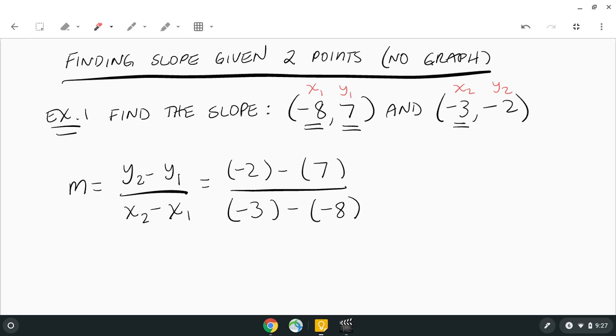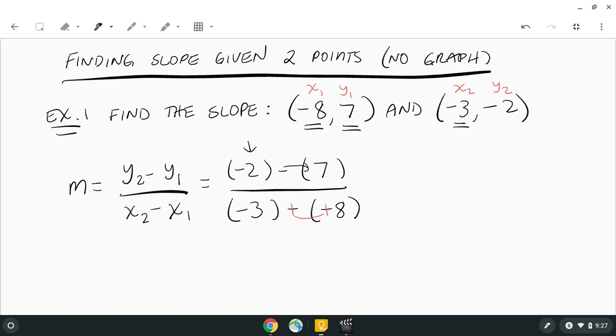Now, when you have these double negatives like you have down below in the denominator, then they become positive. Okay, so now we can go ahead and combine everything. In the numerator, we're combining -2, and this subtraction sign is actually part of the 7.